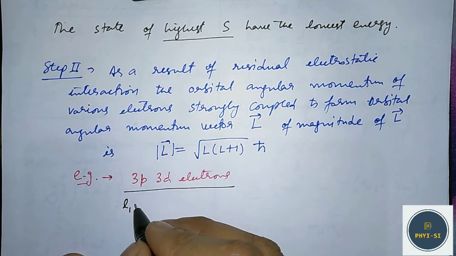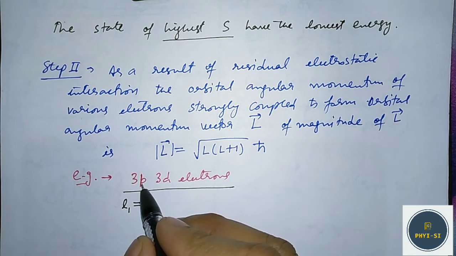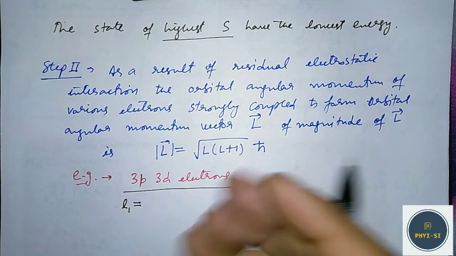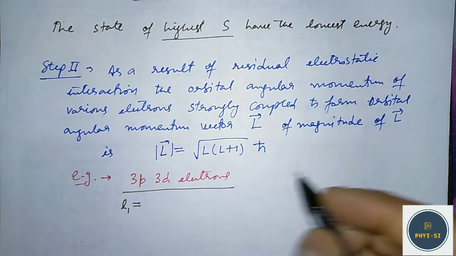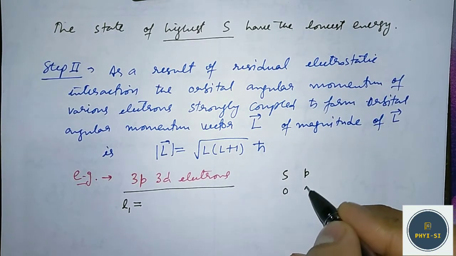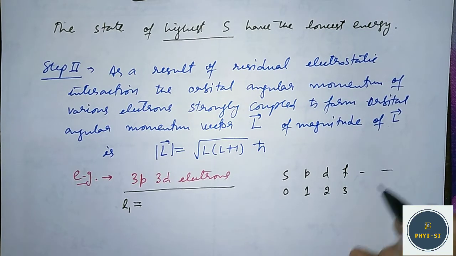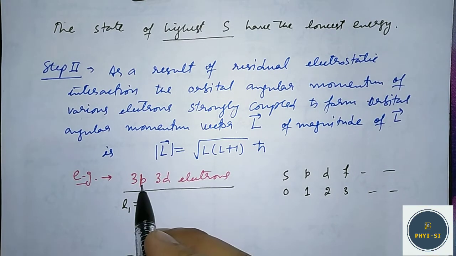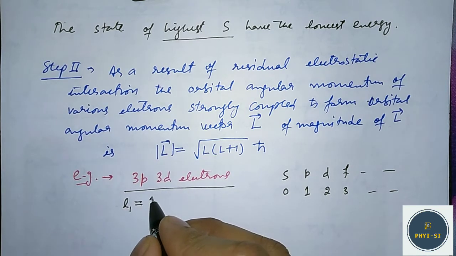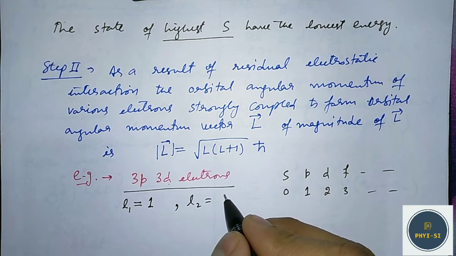We know L is equal to 0, 1, 2, 3 and so on for the s state, p state, d state, f state. So this is a p state, so L1 is equal to 1, and this is a d state, so L2 is equal to 2.